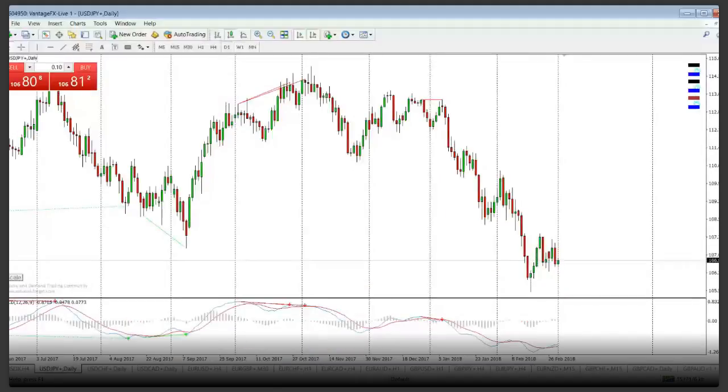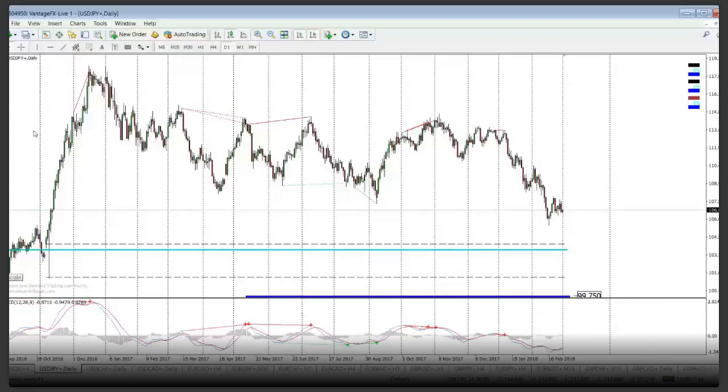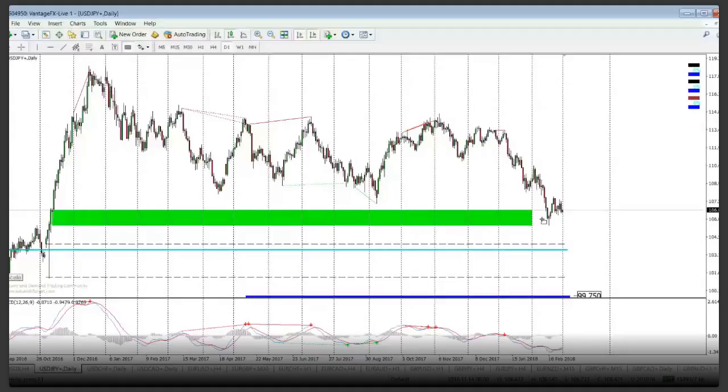We'll zoom into the daily chart. You see we've actually just hit a small area there last week, which was taken out.